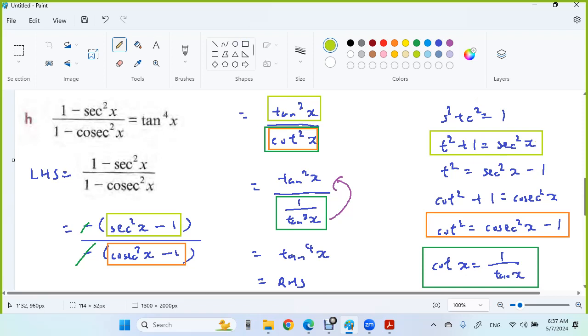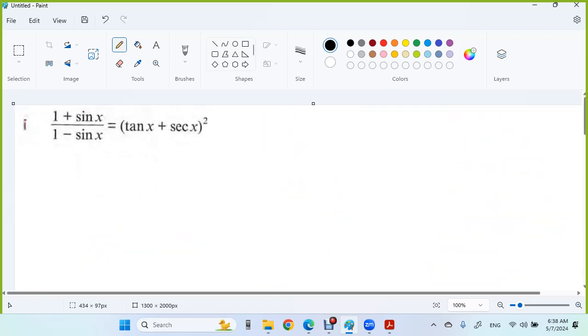Okay, the left hand side is this. Then I multiply with the 1 plus sine x.